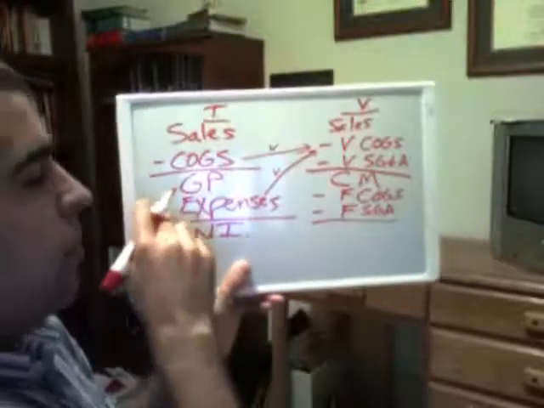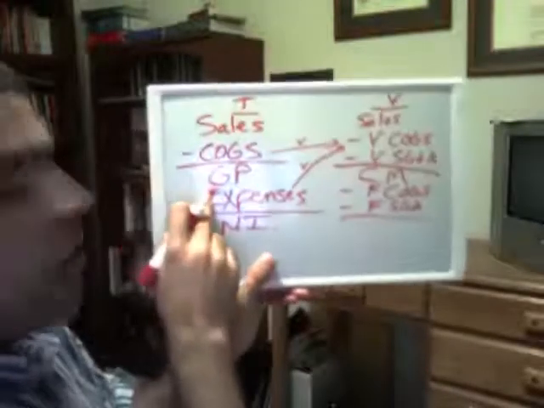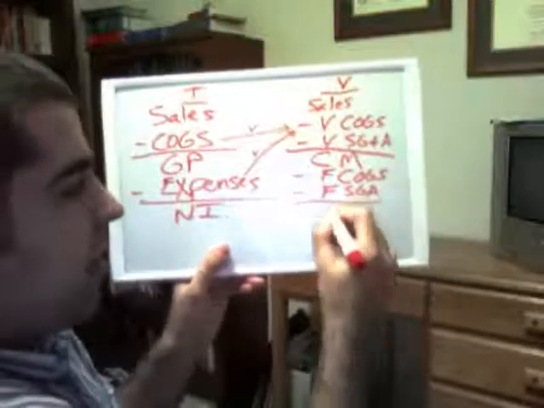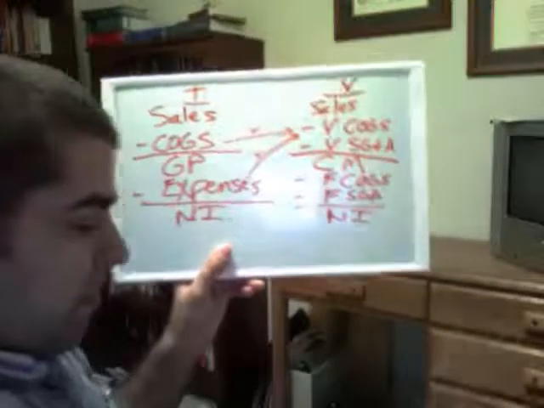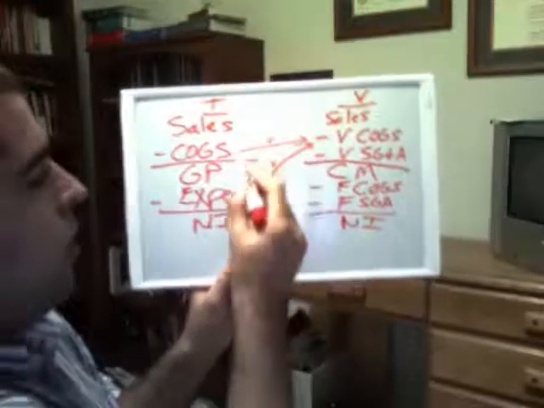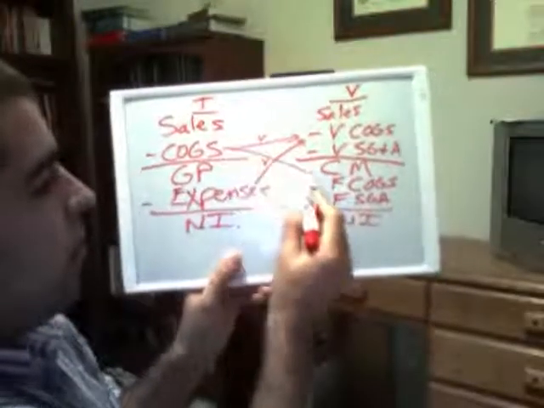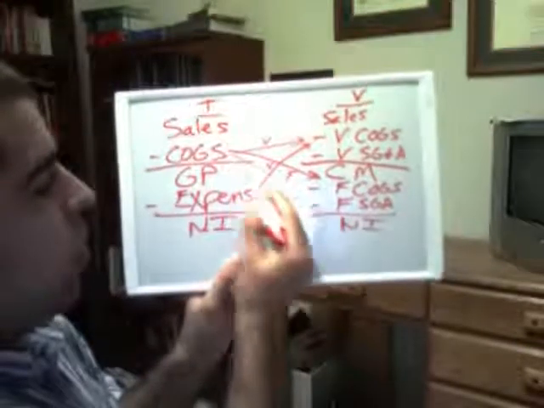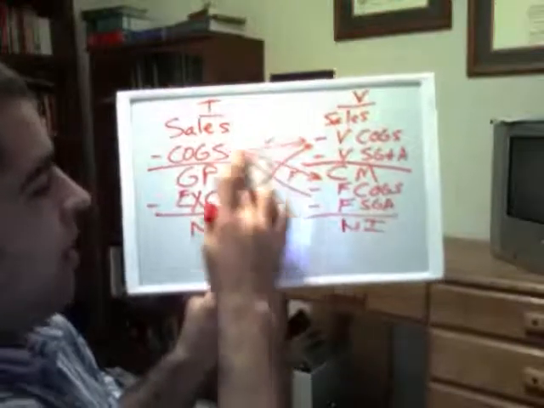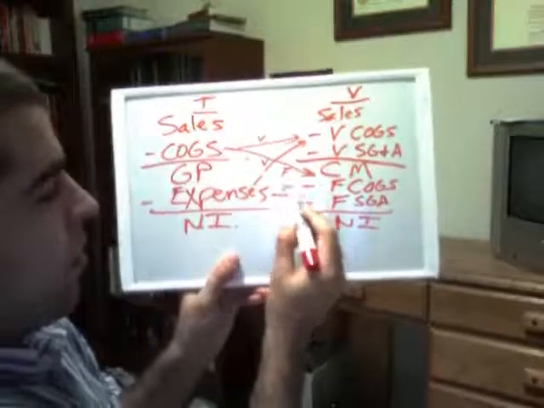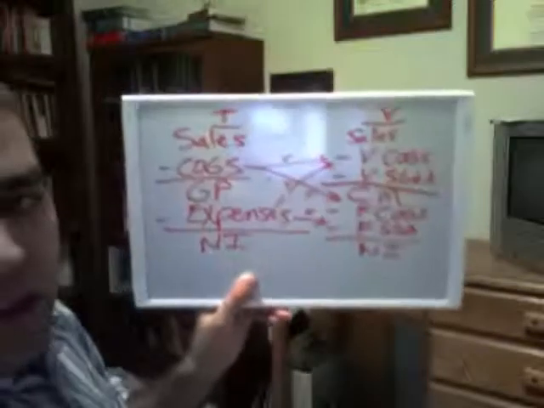So rather than dividing into product cost and period cost here, we're dividing it by variable and fixed, and that gets us to our net income down there, income from operations. So what are we doing here? Now we have our fixed cost of goods sold. Oops, that line doesn't go there. It goes like that. Fixed SG&A going there.